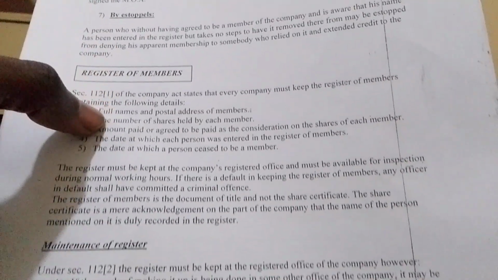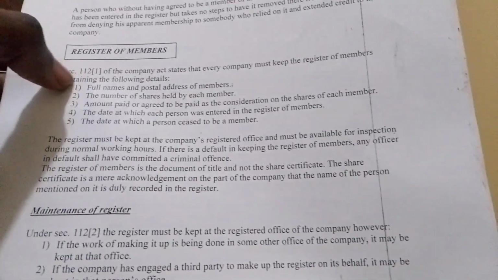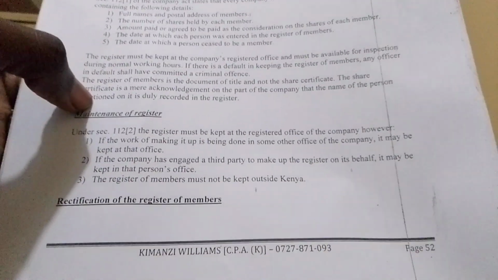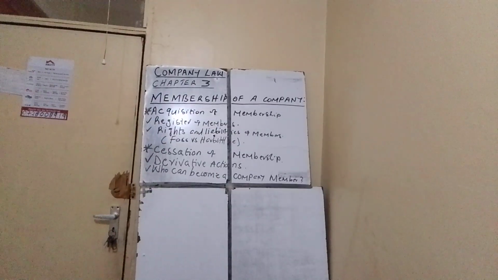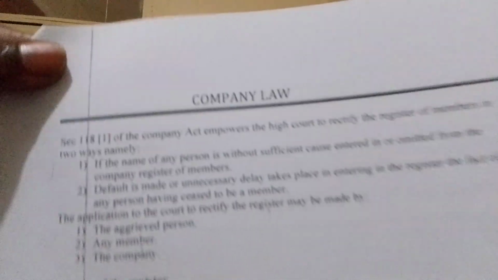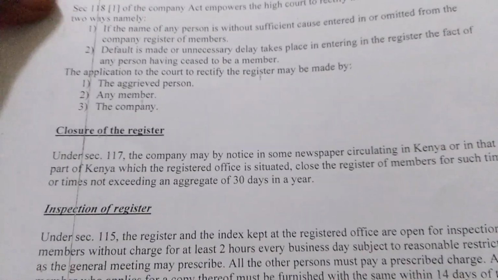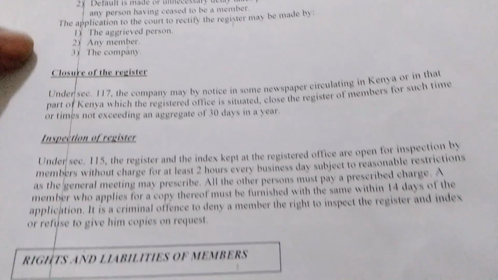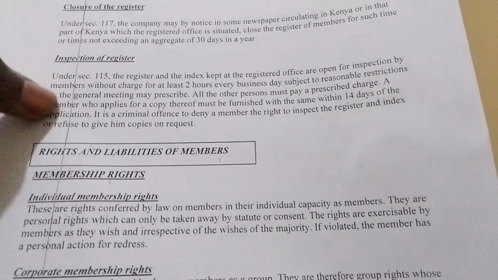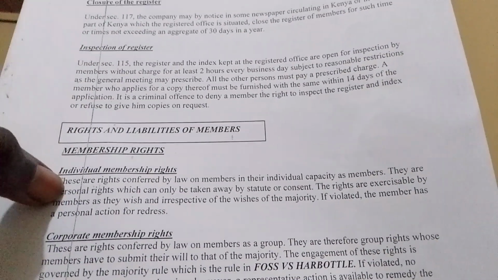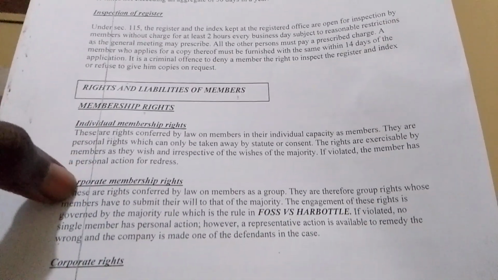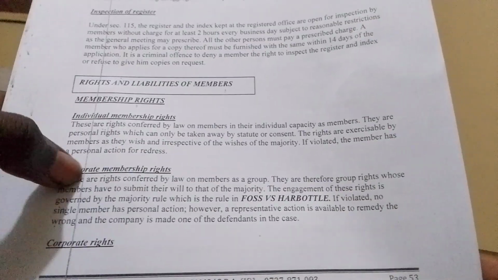Then register of members: we have maintenance of a register, rectification of a register, closure of the register, inspection of register. Rights and liabilities: we have individual membership rights and corporate membership rights.